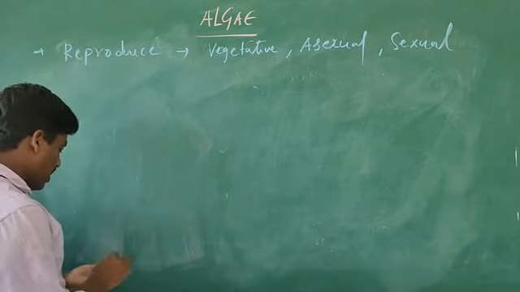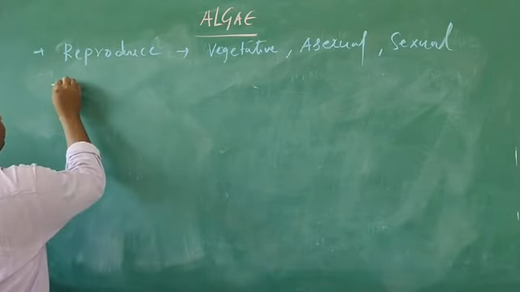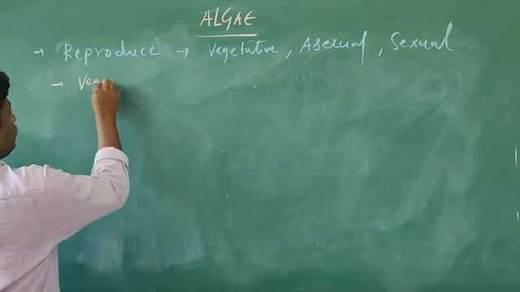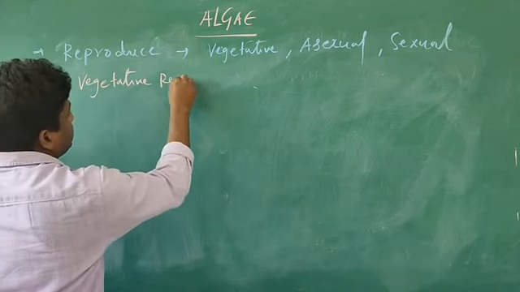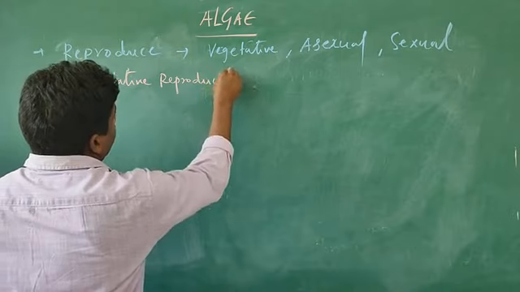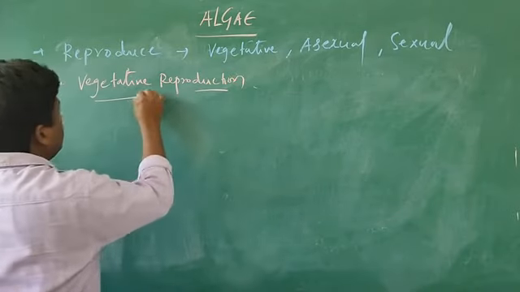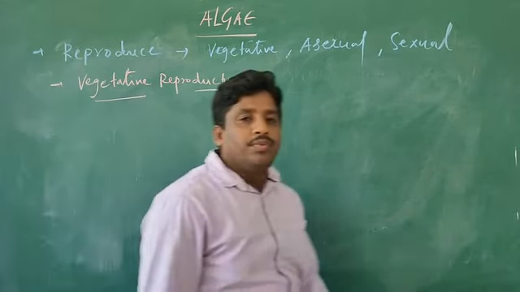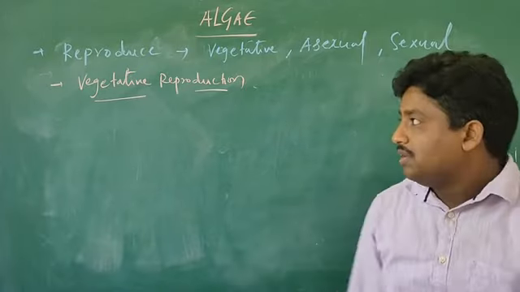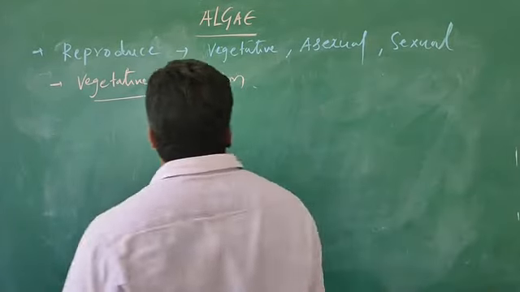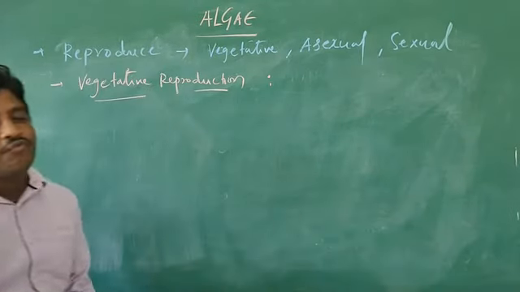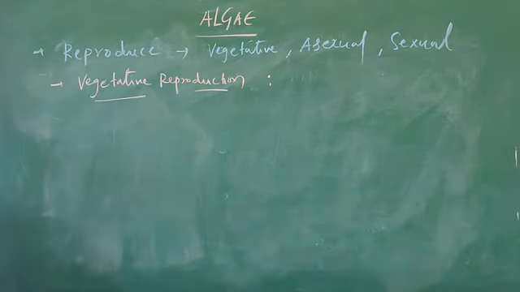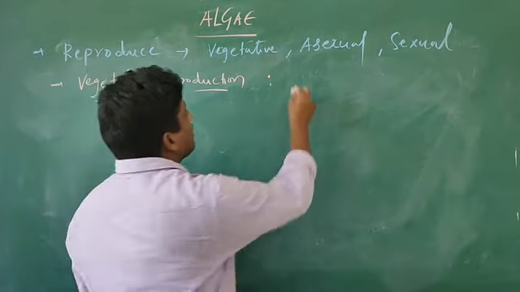So first of all, we are going to discuss vegetative reproduction. The vegetative reproduction is through the process of fragmentation.